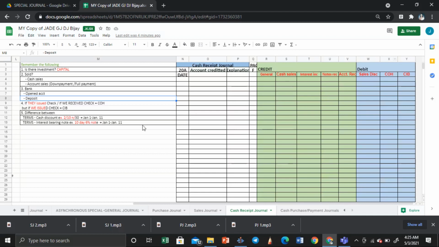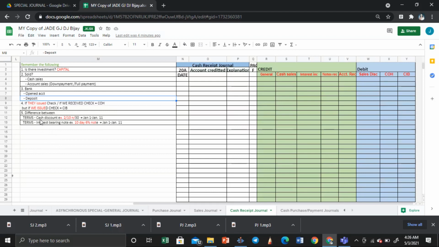Kasi sa cash in bank natin, for cash receipt journal, ang mga amount lang na naka-include dyan is yung nag-open ka ng account through bank, tapos nag-deposit ka sa bangko. Pero kapag we issued check naman, sa part natin to, kung tayo naman yung naging customer at tayo yung magbabayad ng utang natin through check, dun sa ating cash payment journal or cash purchase journal, i-record natin siya under CIB or cash in bank.